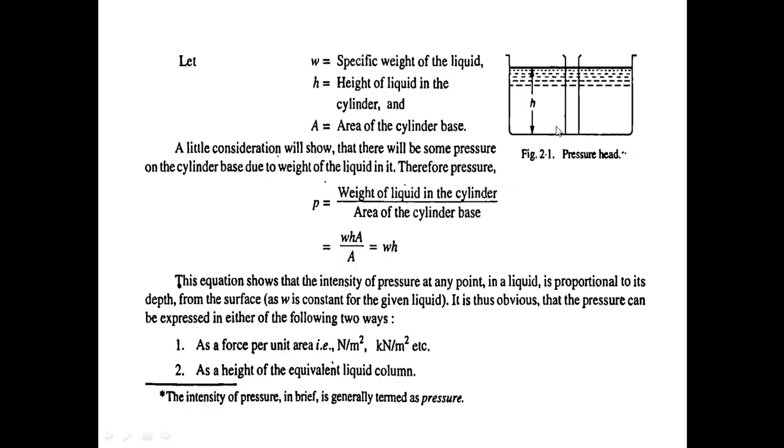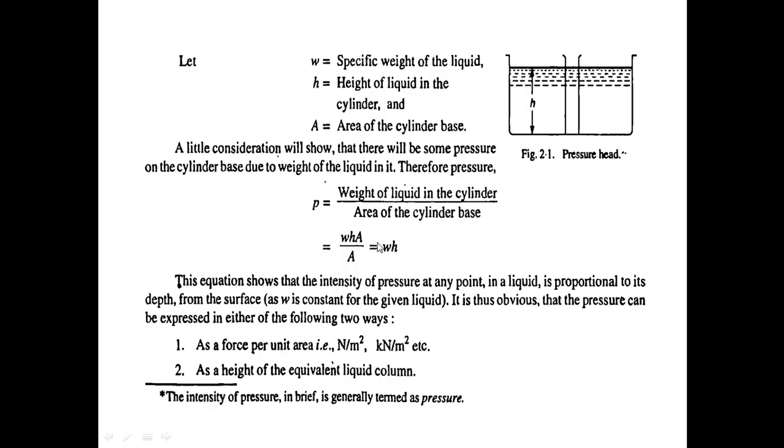So the weight of the liquid in the cylinder is equal to omega H into A, meaning the total weight of the liquid in the cylinder is equal to volume into unit weight. Omega is the unit weight of the liquid in the cylinder, H is the height of the liquid, and A is the area of the cylinder.